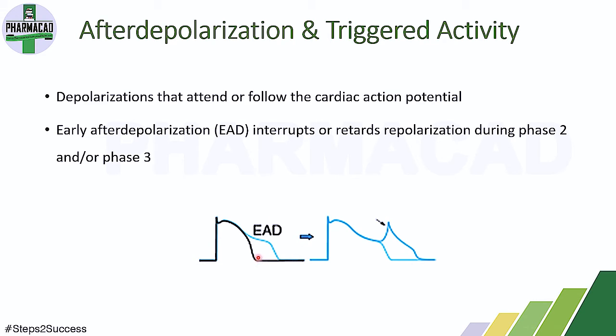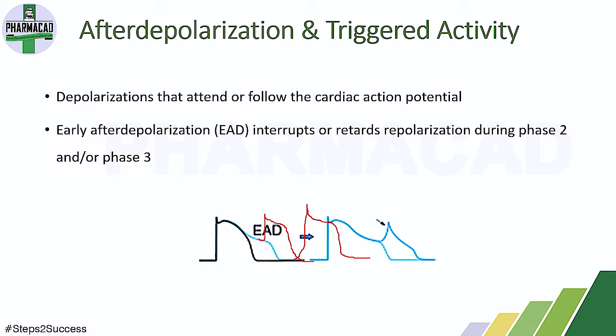So क्या हुआ, ideally अगर इस action potential को यहाँ से start होना था, like this, but because this depolarization has reached threshold potential, right here itself it will get converted into the next action potential. So what is happening, early contraction, right?